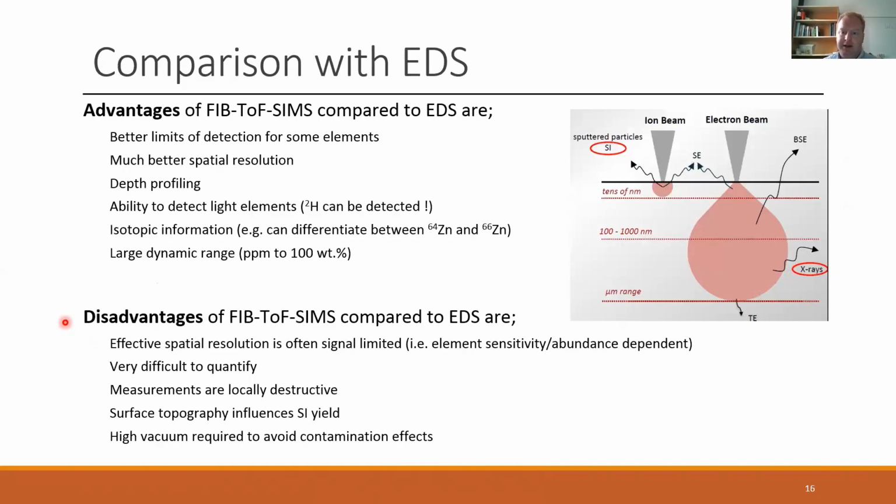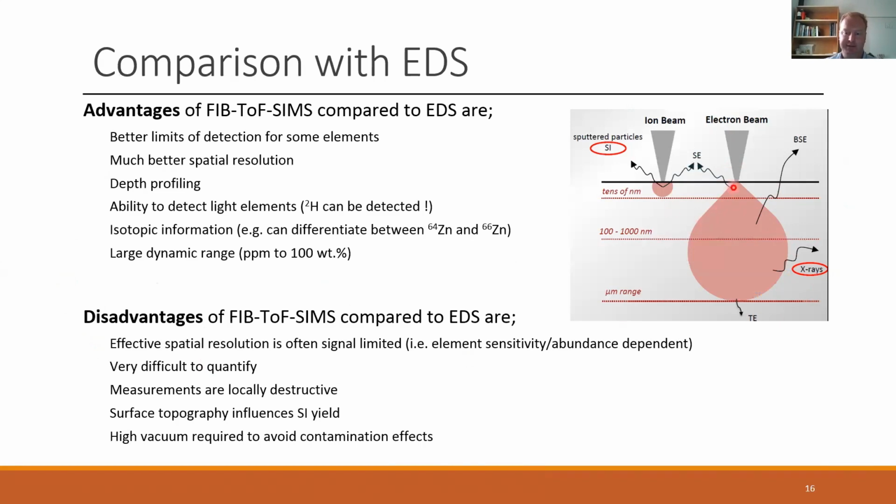Okay, so commonly this technique is compared with EDS, because that's the other major analytical technique within the microscope, and there are some advantages and some disadvantages, so it's really good to compare them. If you look at the schematic here, the interaction volume with the electron beam is much greater than with an ion beam.